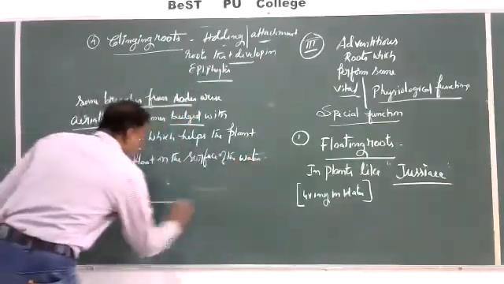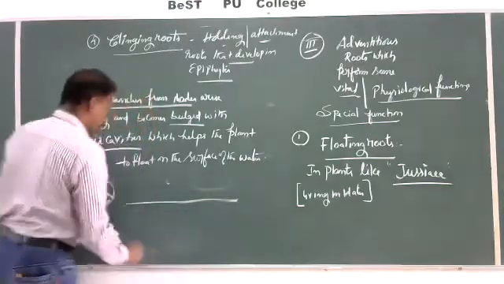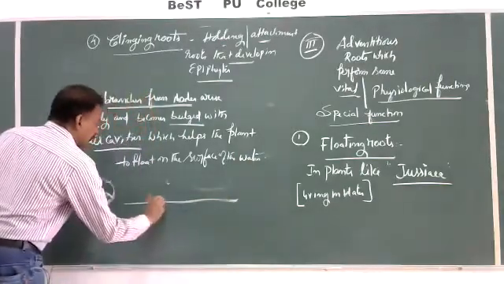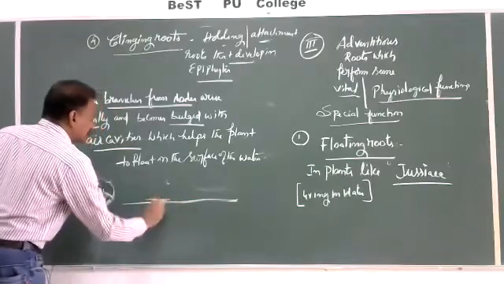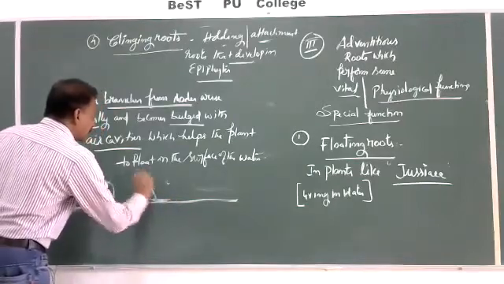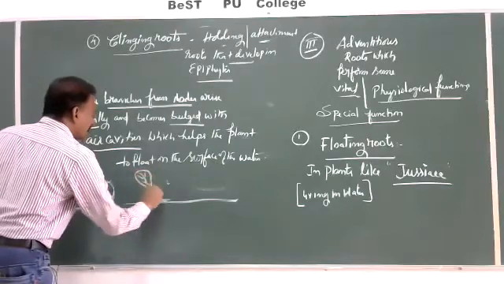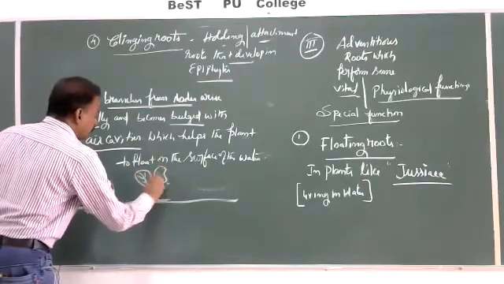For example, this is water. Here the plant's stem is reduced, leaves are produced here.